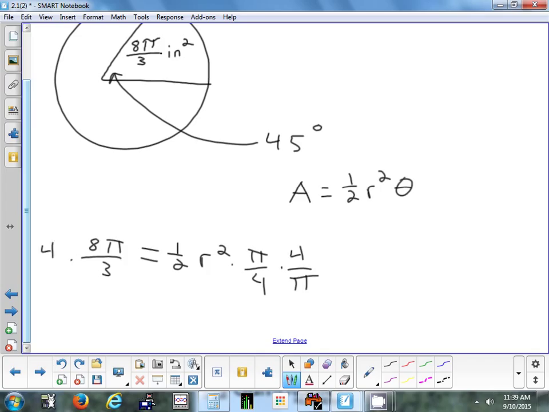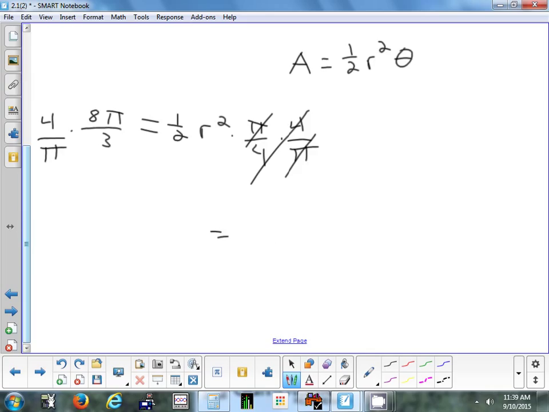And you're going to get a lot of stuff that cancels out. 4's are gone. Pi's gone. Now on the right-hand side, you just have 1/2 r squared. What about on the left? What's going to happen there? Yep, pi's cancel out. And I'm left with 4 times 8, which is 32 over 3. So that made the equation a little bit simpler.